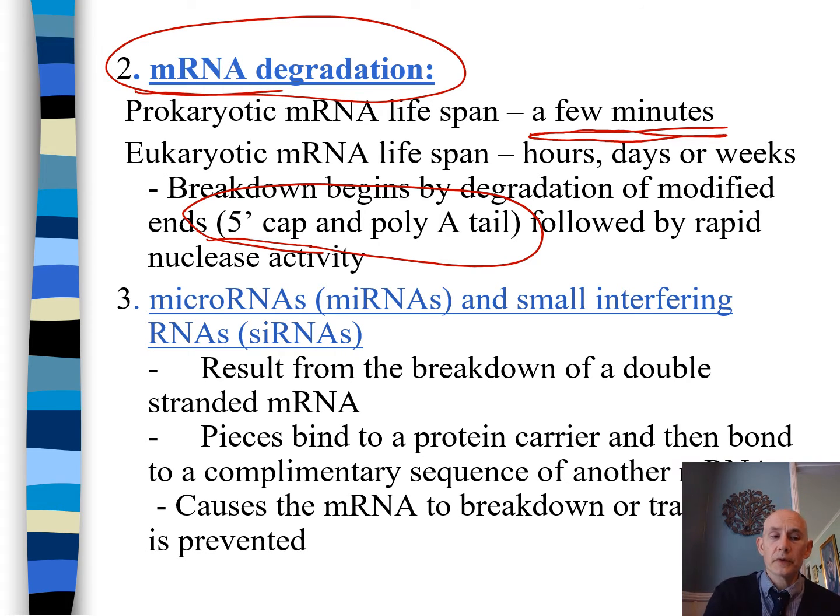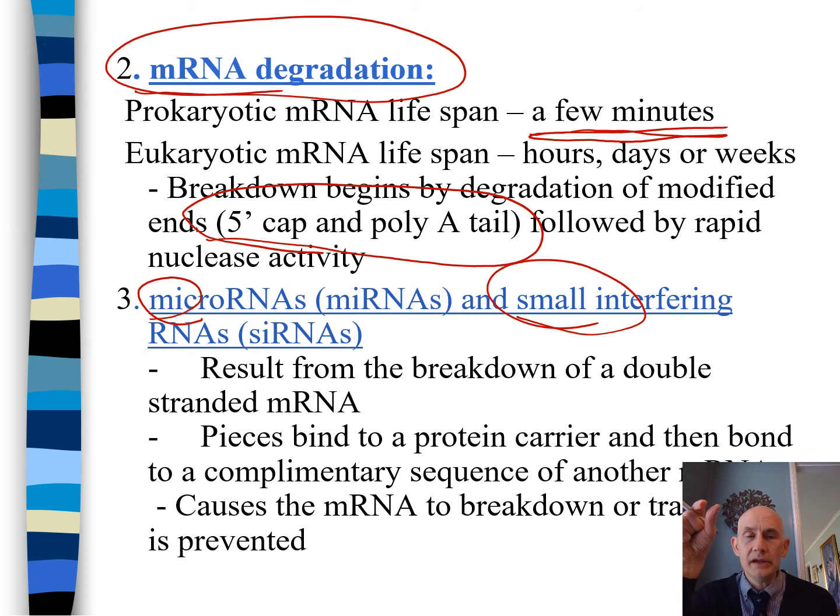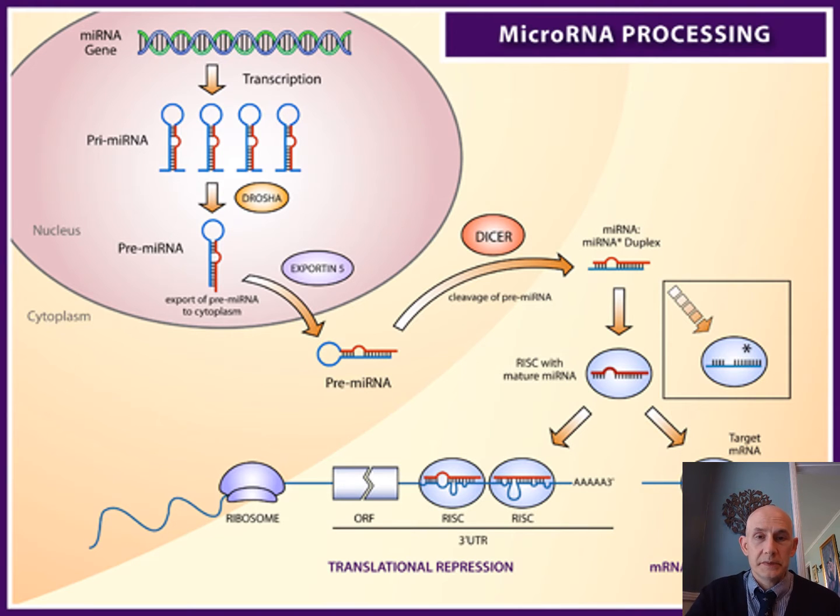We also, going back to our microRNAs and our small interfering RNAs, these are tiny pieces of RNA that will bind to a regular mRNA and basically create a roadblock for the ribosome. So we see in this picture, we've got our microRNA right here.